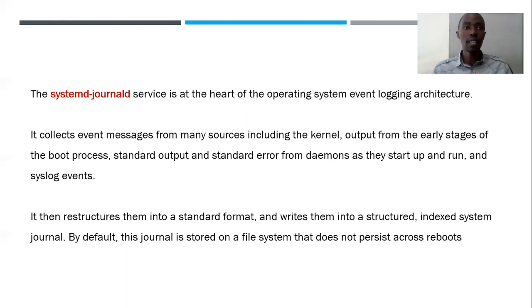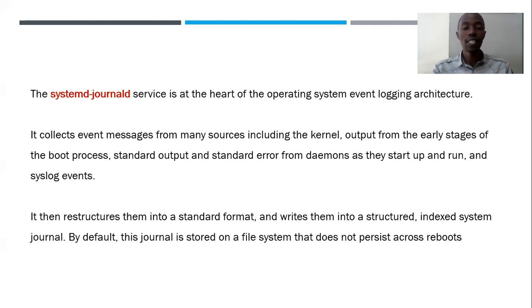So the last statement there is about what? It's about the journal. Once all these messages are recorded, first of all, they are collected, and then they are restructured, because the events are of different types.